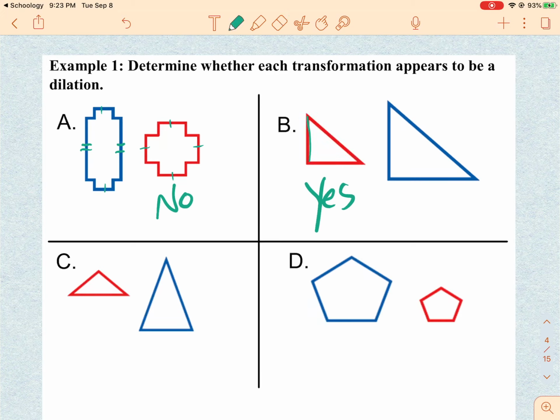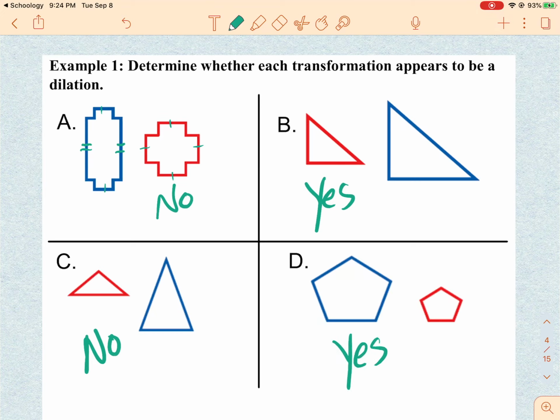Or let's see if it works this way. It's okay. The point is, it looks like it's an enlargement of the exact same shape. When you get to C, I hope you're saying, no, that doesn't look like it would. And then D does look like it.